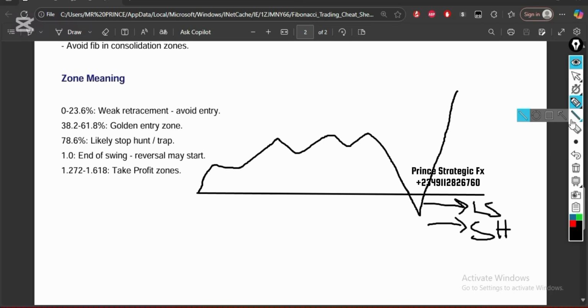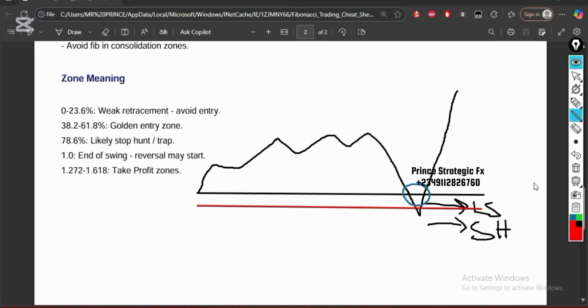Because whenever you start buying from this spot, let's say right here is where you enter the buy, then your stop loss sits at this level, just a little bit below the entry point.